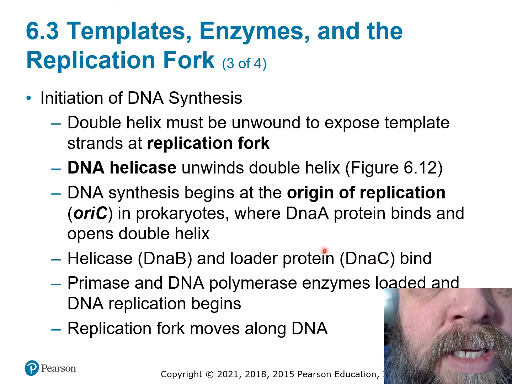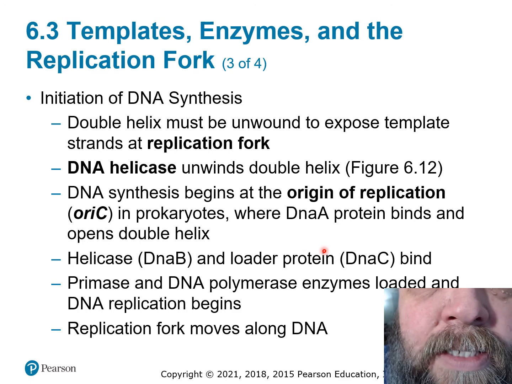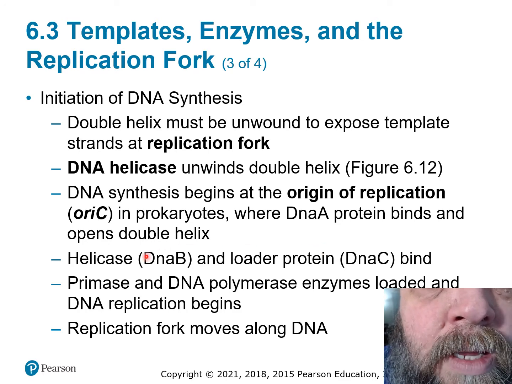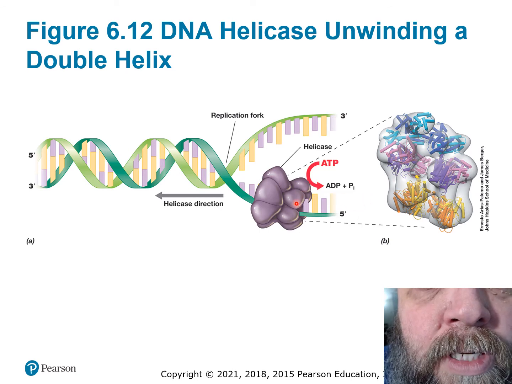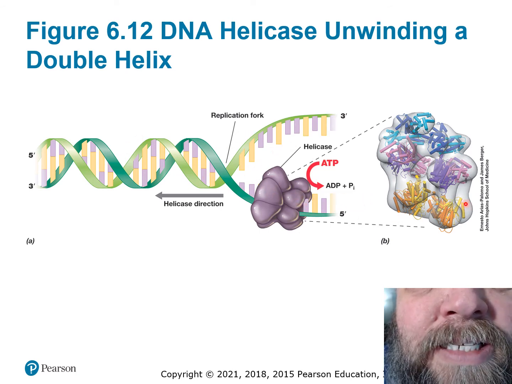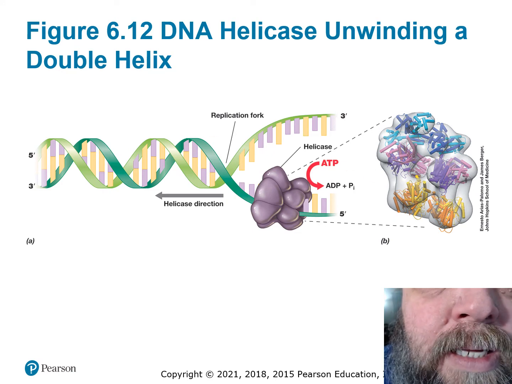Some loader proteins come in, and they're going to stabilize everything there. Bring in the primase, bring in DNA polymerase, and then everything just takes off, as long as the helicase is moving forward, and then all the other enzymes will be coming along afterwards. Helicase is unwinding. Its job is to act as a zipper, unzipping the double helix.